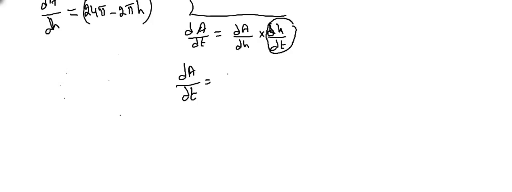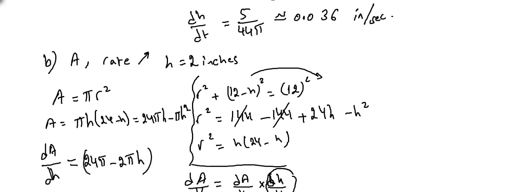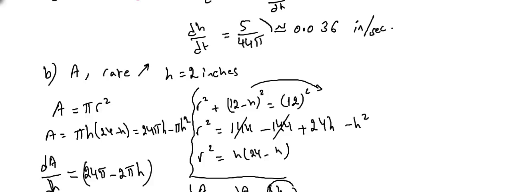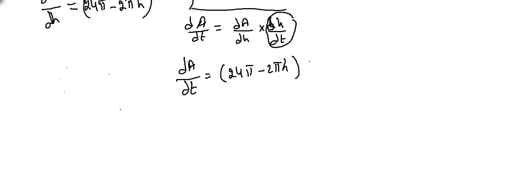I have dA/dh, it's 24 pi minus 2 pi h, right? And times dh/dt. The dh/dt we found in the previous part, which is 5 over 44 pi. And he said when h is 2, so we have to put 2 instead of h.